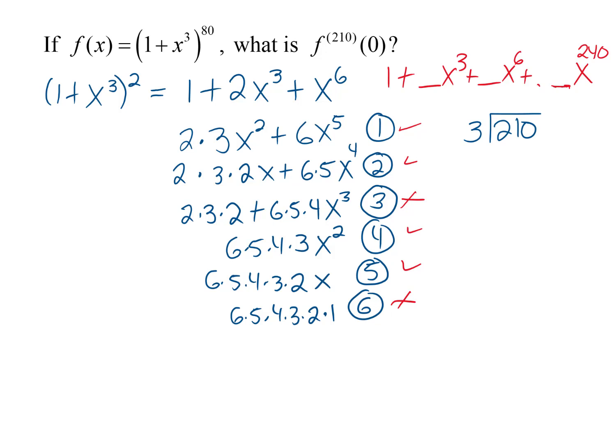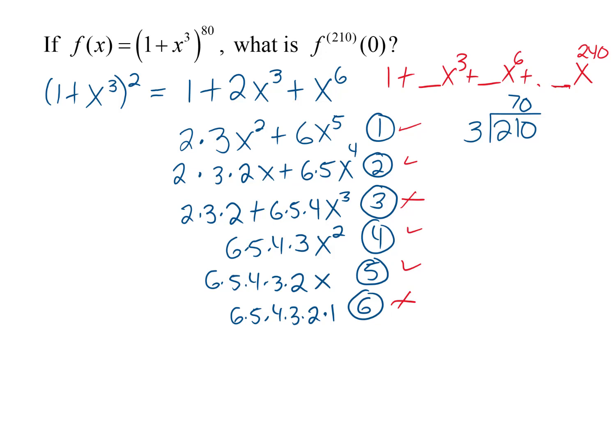We're going to see if that goes in evenly. If it goes in evenly, then it's going to land on one of those that has a constant. If it doesn't go in evenly, then we already know the answer. It's 0, because you'll have x's in every term, and evaluating that at 0 is going to be 0. Well, this does go in evenly, and we get 70.